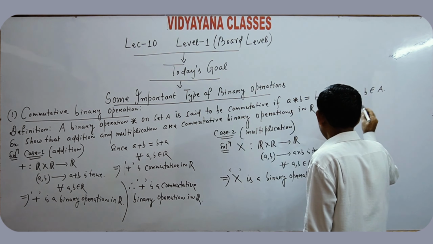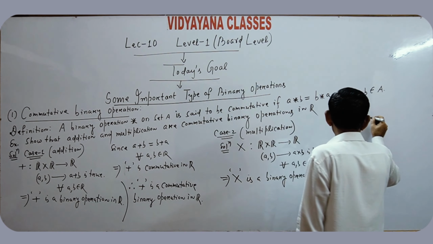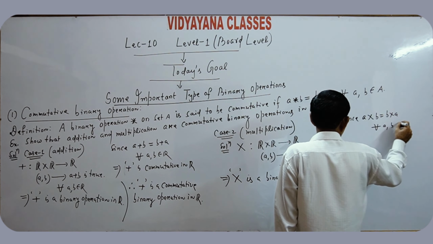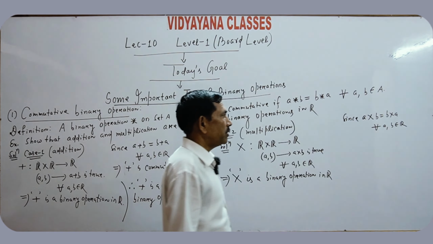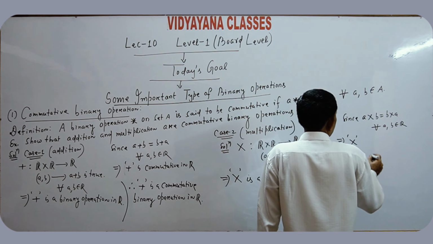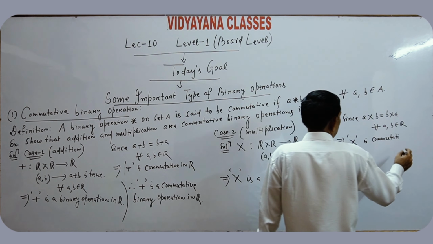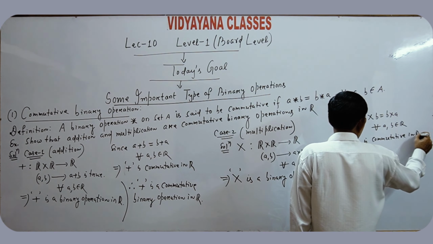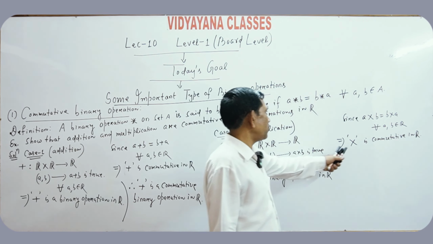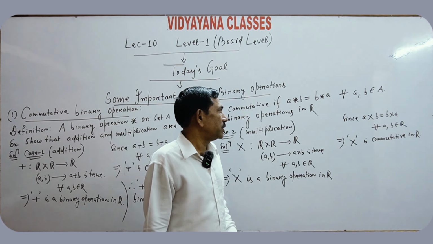In the second part, since A into B is equal to B into A for all A and B belongs to R, that is the set of real numbers, this implies multiplication is commutative in R. Multiplication is a binary operation in R and multiplication is commutative in R, since A into B is equal to B into A. The product of two real numbers is a real number.